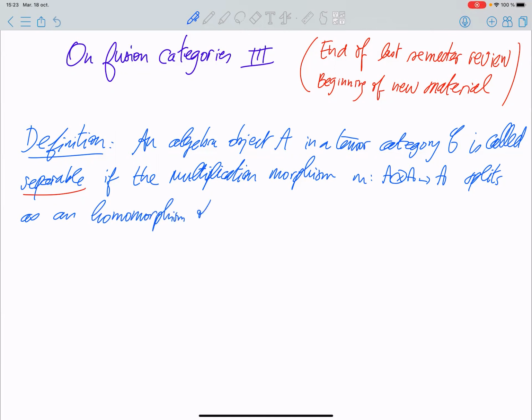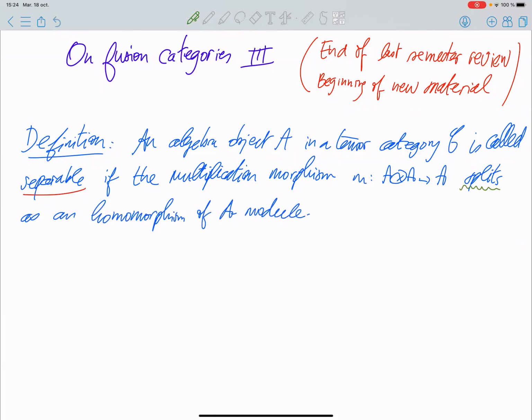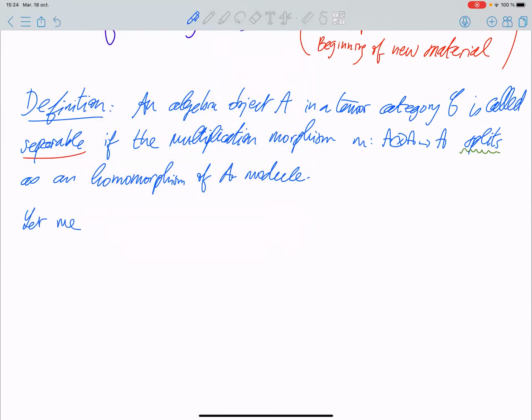Here we need to be careful about the meaning of split, and we need to explain why the multiplication morphism is also a homomorphism of A module. So let me explain this definition.